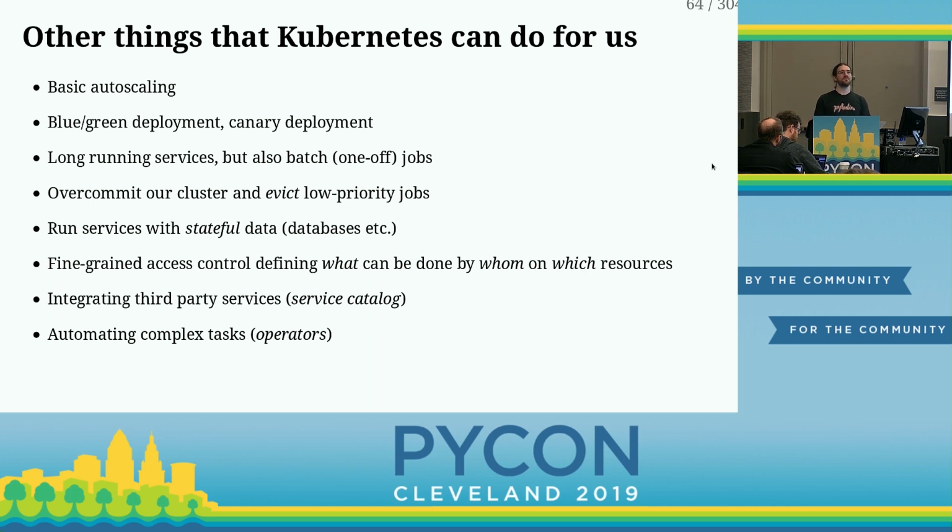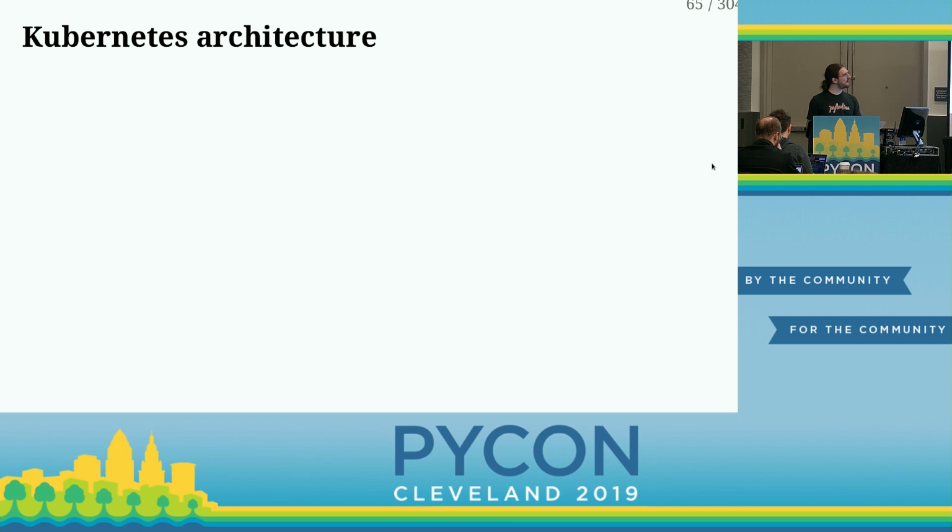I can also overcommit my cluster and use priorities, so that if I have too many things running, it's able to evict low priority workloads to keep the main production things running. I can run not only stateless services, but also stateful services like databases, message queues, etc., and much, much more. So that was a functional definition of what we can do with it.